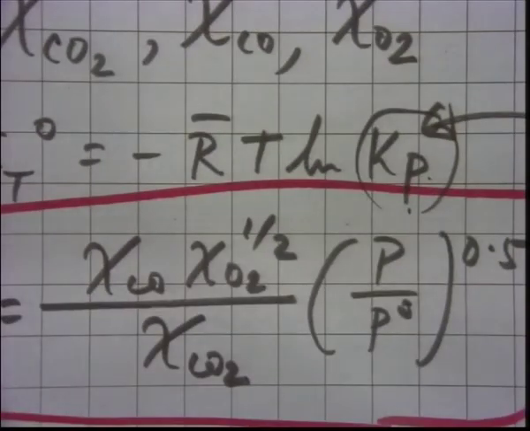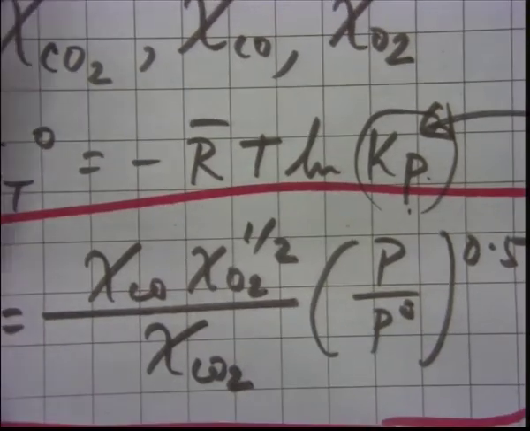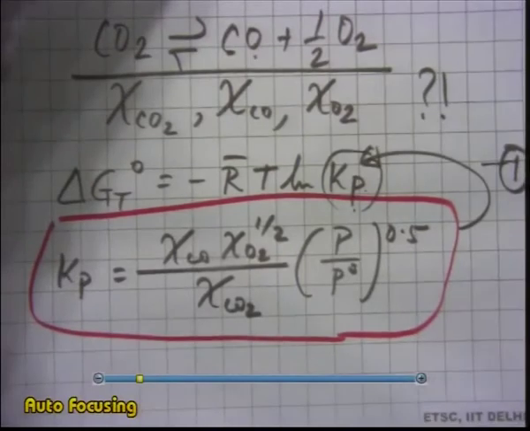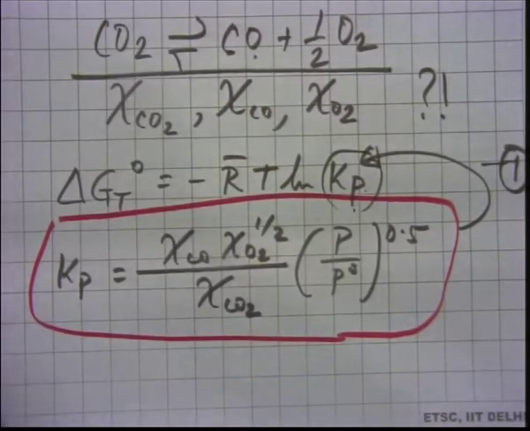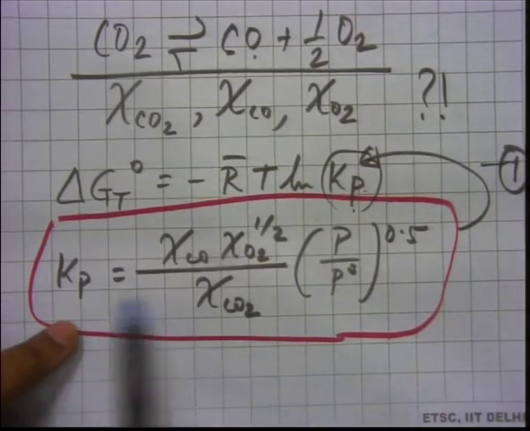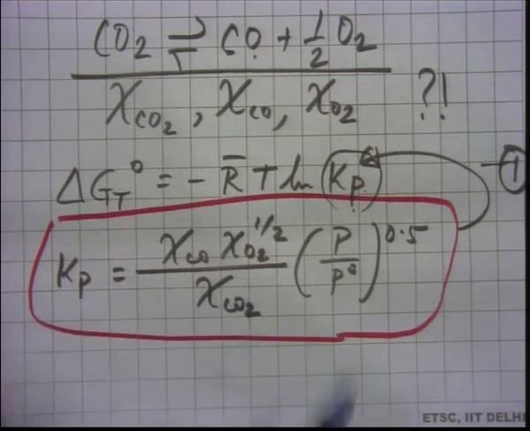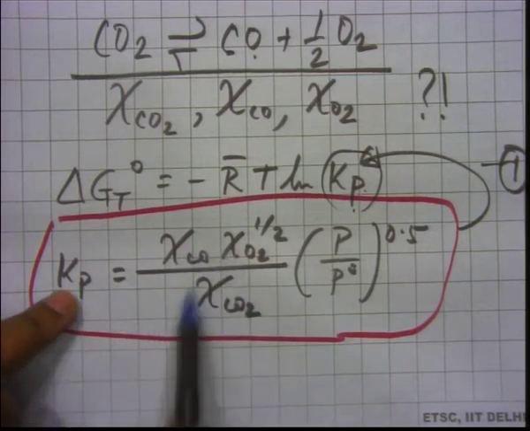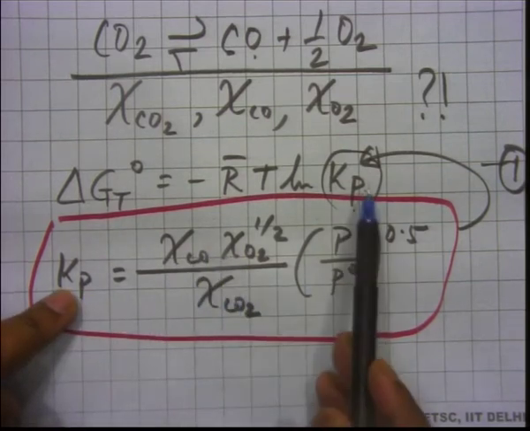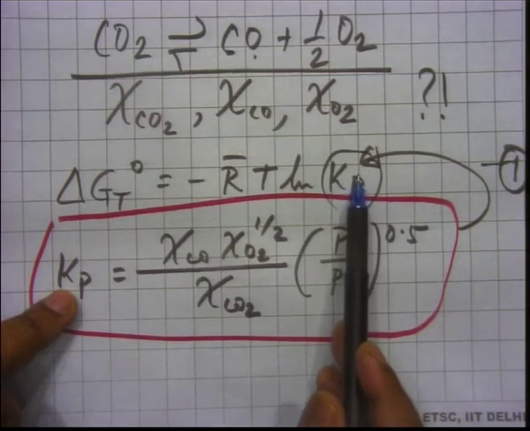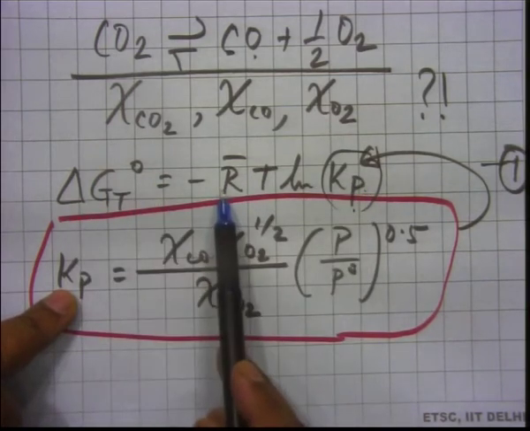What I meant is that the one in the red box is the expression for Kp. That means it relates Kp to the mole fractions. So, that can be placed here in this delta GT naught equation.